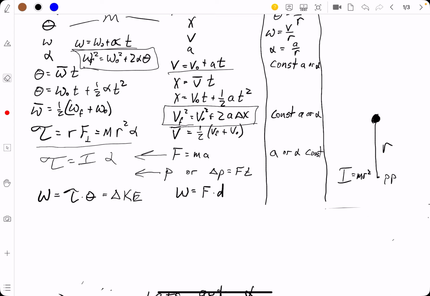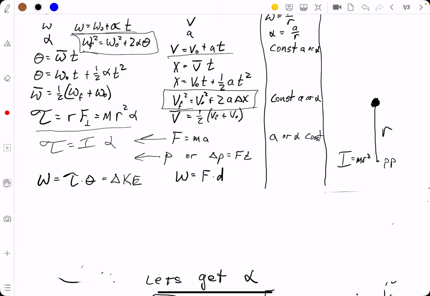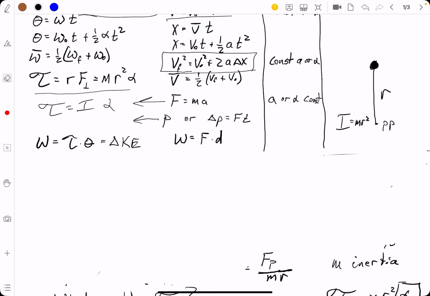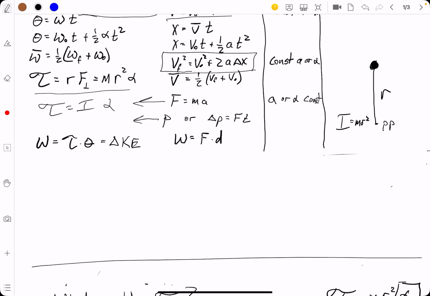Okay, so let's move up a little bit more. Erase a little bit more. It's not as fast as the eraser on the whiteboard, but it's close. Okay, let's do it. So we've got delta KE. However, what is our new KE?